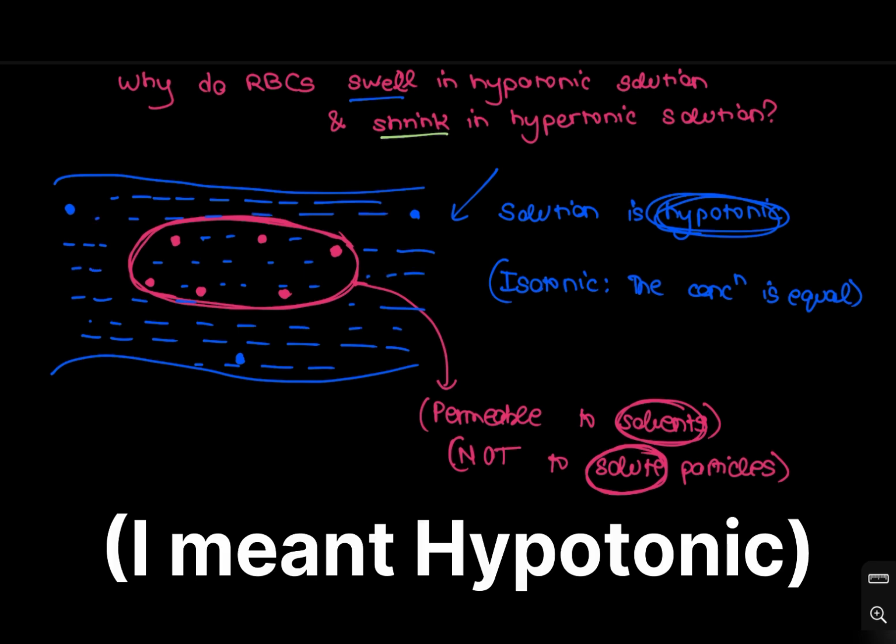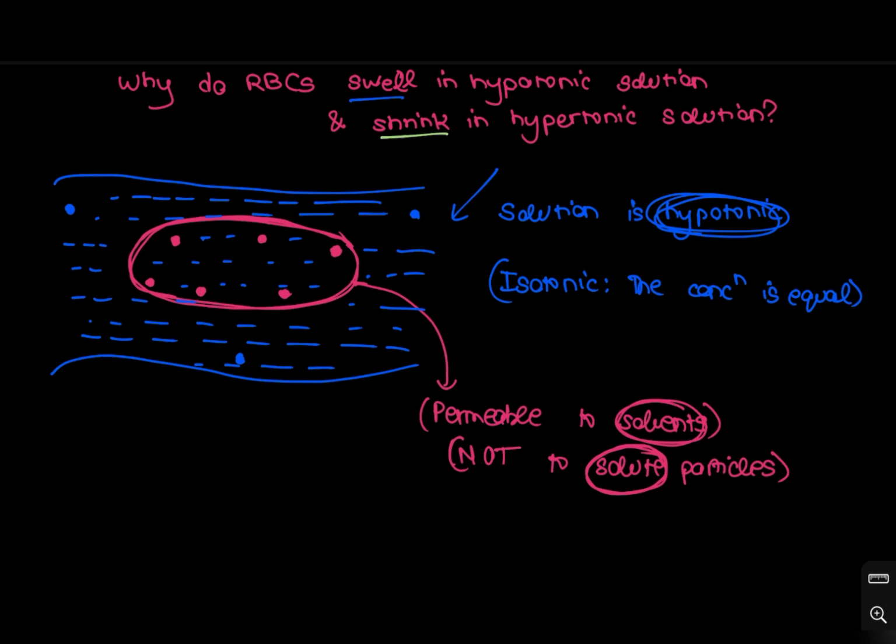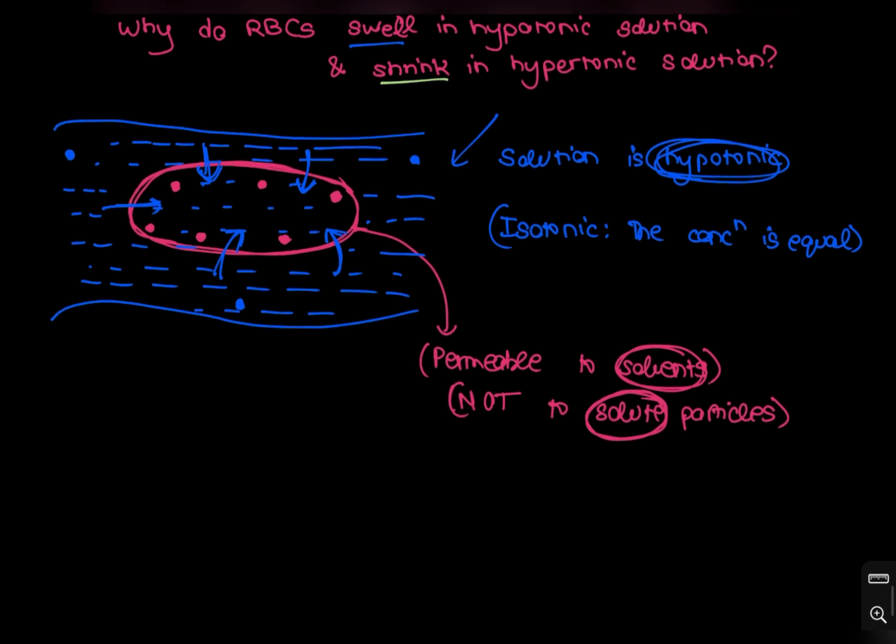So if the solute particles cannot diffuse out, the solvent will start making a move in the opposite direction. The solvent will start entering the RBC, in contrast to the solute particles that would move out of the RBC if the membrane was permeable.